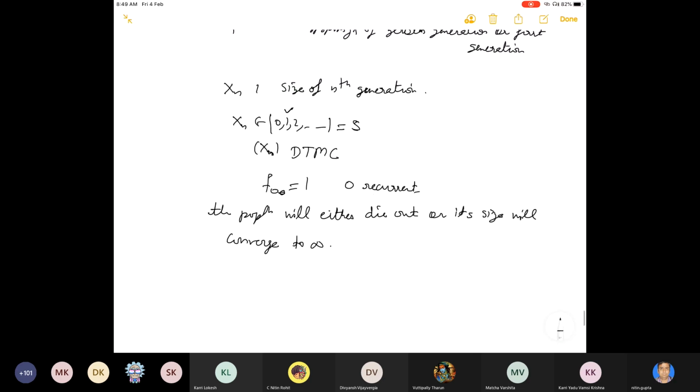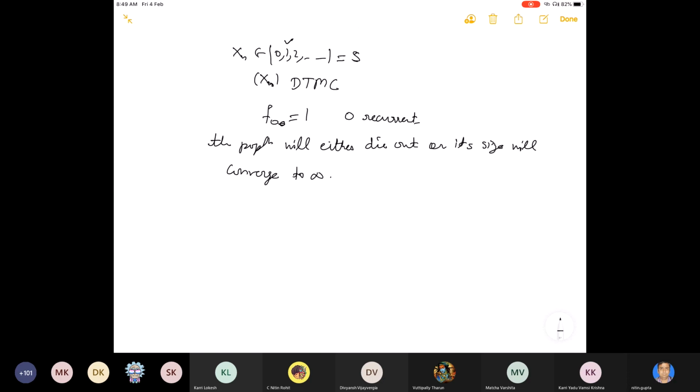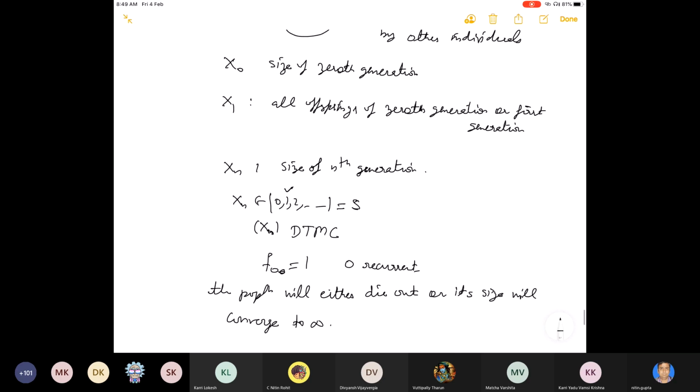So finally, either you will be in the recurrent state, state 0, or the size will become very large. That is the conclusion we have made for this kind of discrete time Markov chain, which is known as the branching process, where Xn is the size of the nth generation.